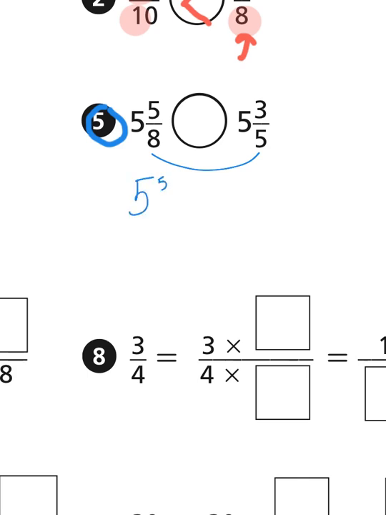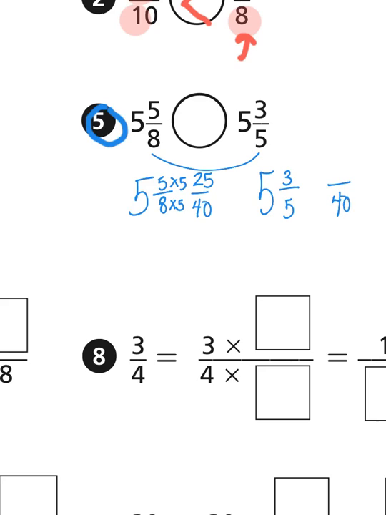5 and 5/8 got into 40. Well, I know I need to multiply by 5, so times 5, times 5. 5 times 5 is 25. So this first one is 25/40. Now I'm going to do my second one.